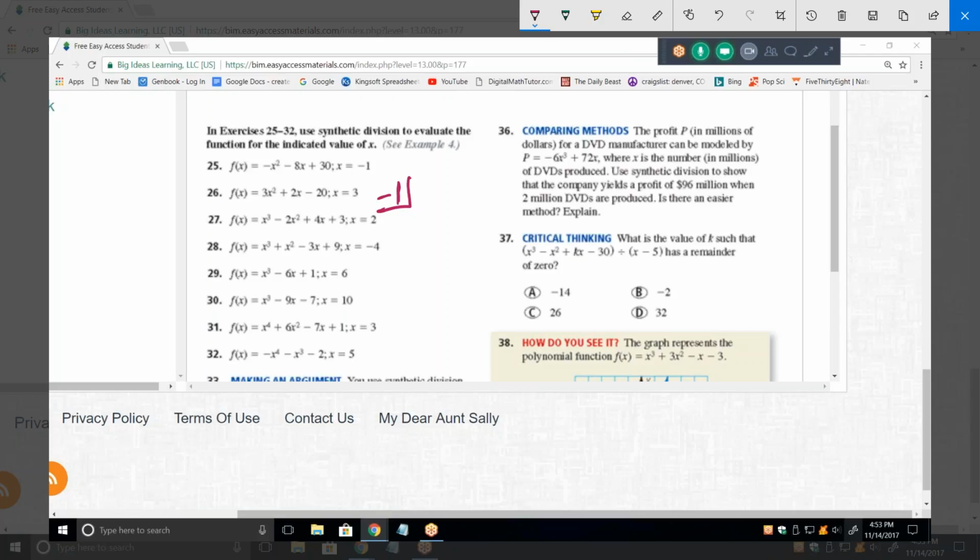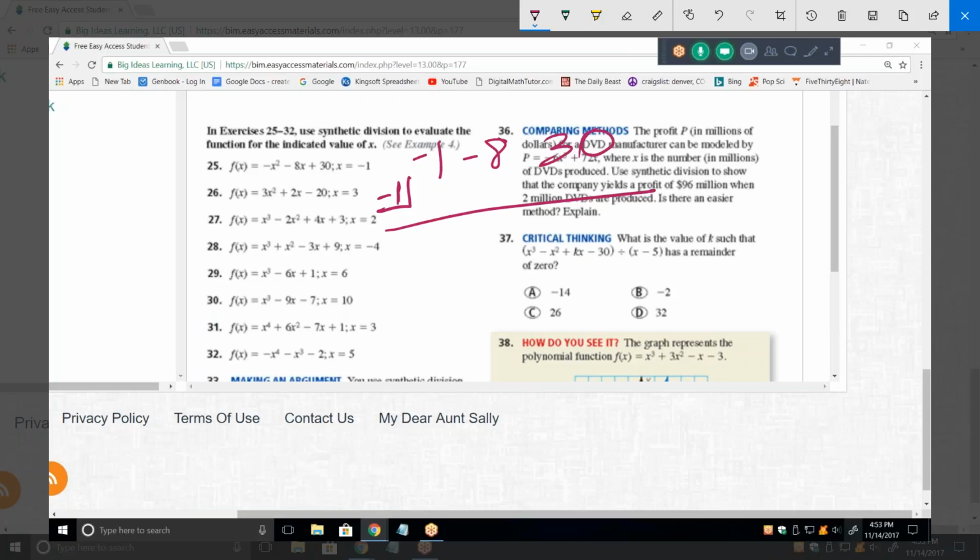They're giving us the answer. X equals -1, so you put whatever x is equal to in the box. Right. Across the top. Right. So -1, -8, and 30. And I'll let you do this one since it's the last one.